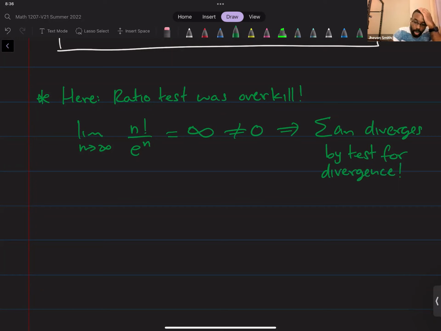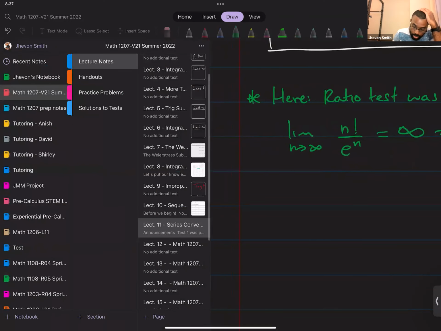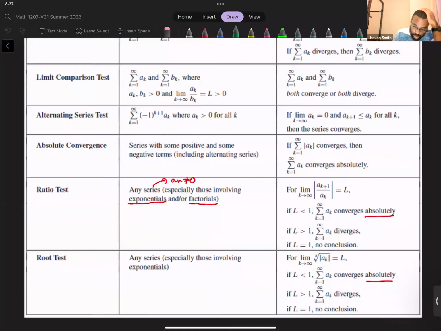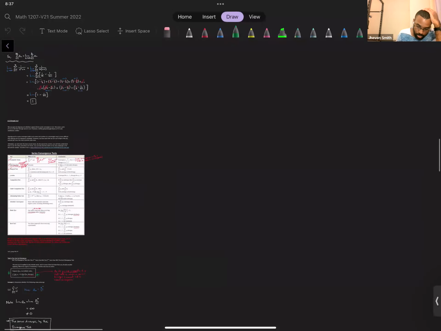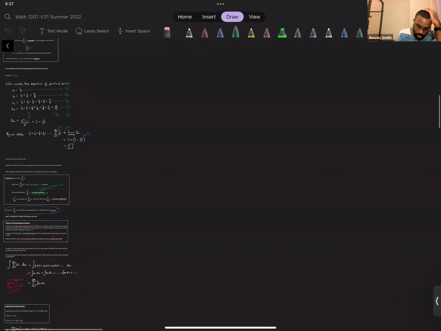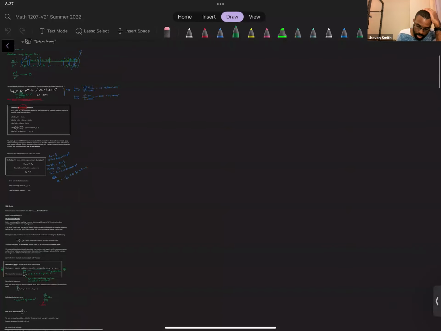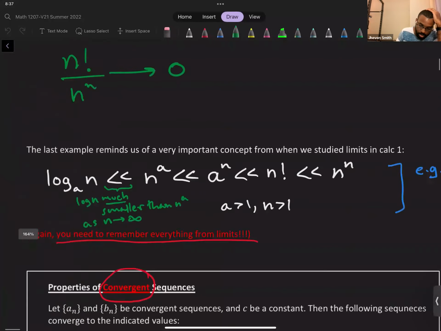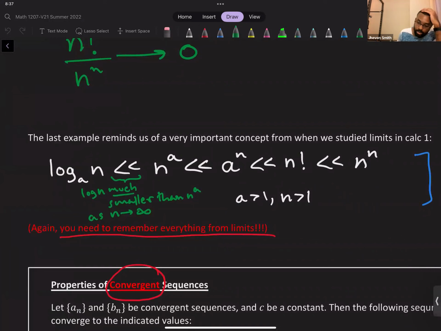The top is a factorial, the denominator is an exponential. Factorials beat exponentials. We looked at that. I want to say we did that yesterday. Yeah, factorial compared to an exponential. I'm comparing e to the n to n factorial. The n factorial is much bigger.